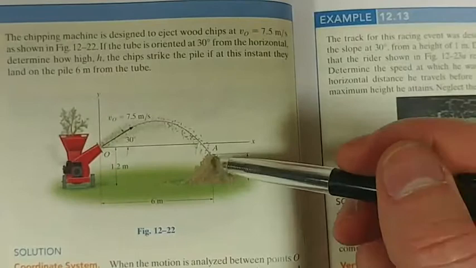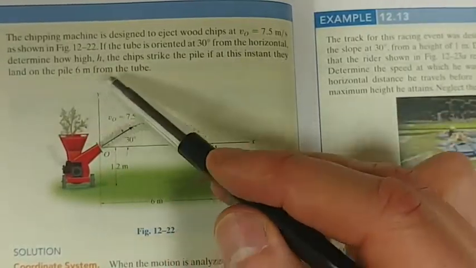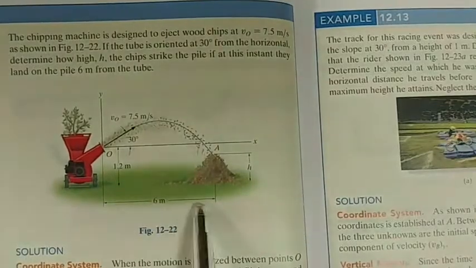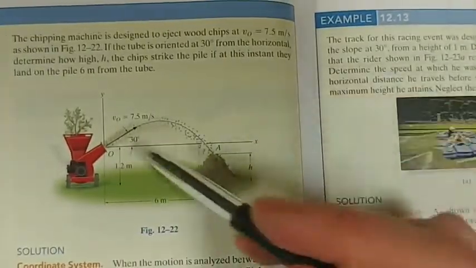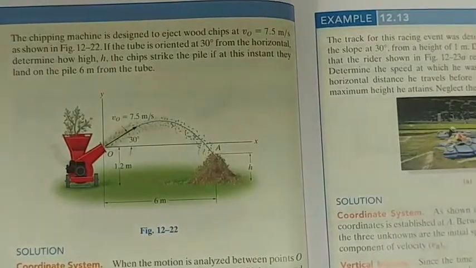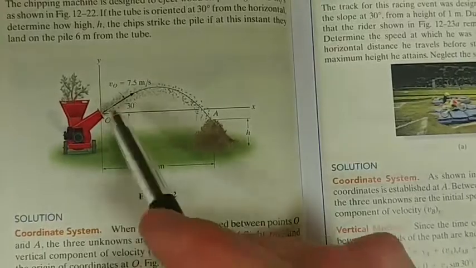Determine how high H the chips strike the pile if at this instant they land on the pile 6 meters away. Horizontal information, I'm looking for vertical information. So let's break up all the information we have into horizontal and vertical. How would I do that with this?